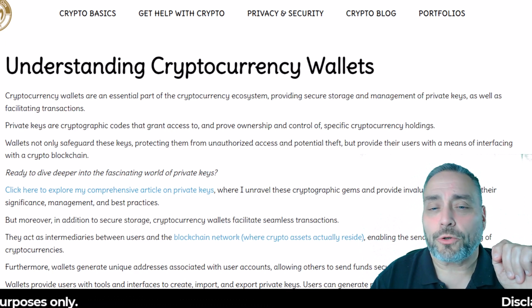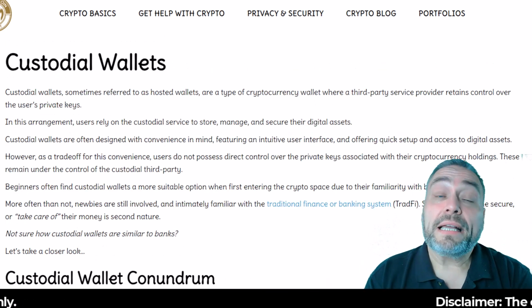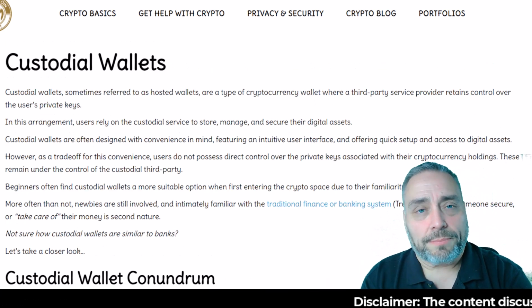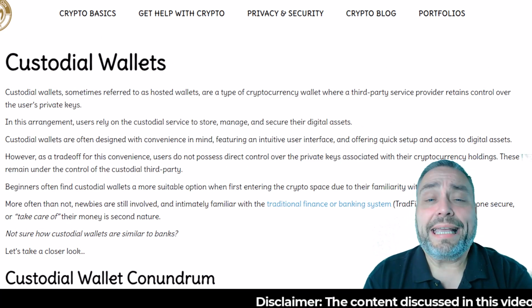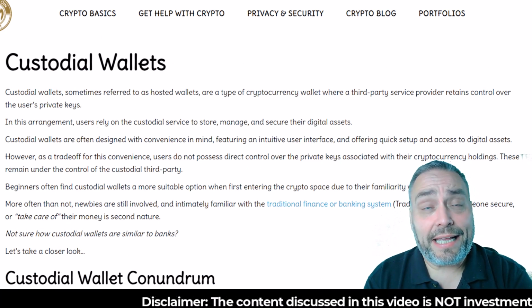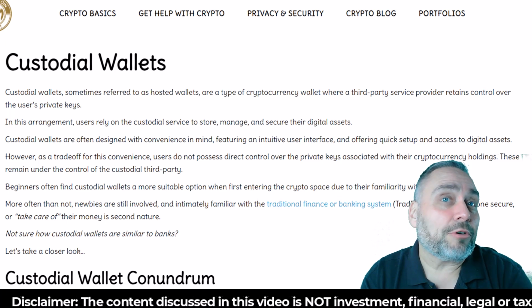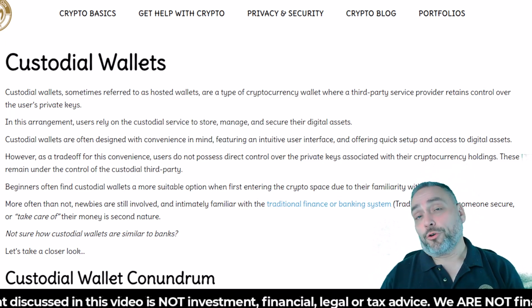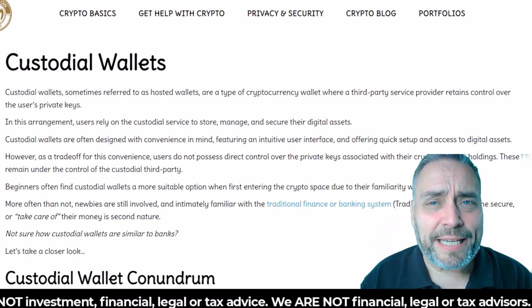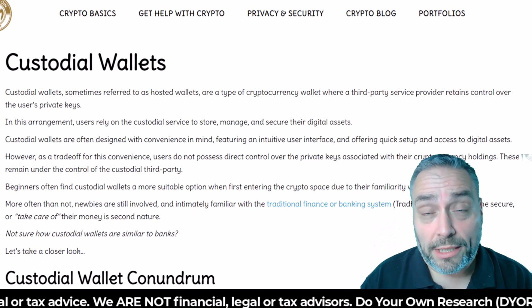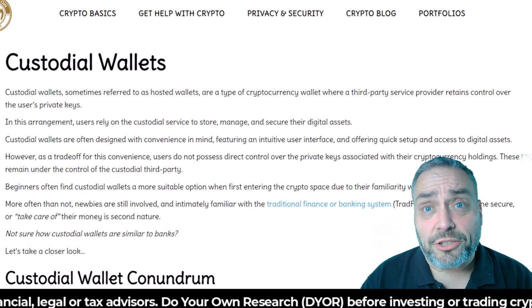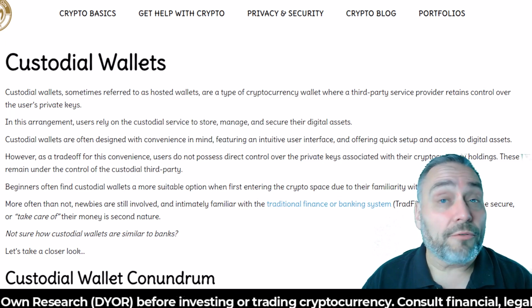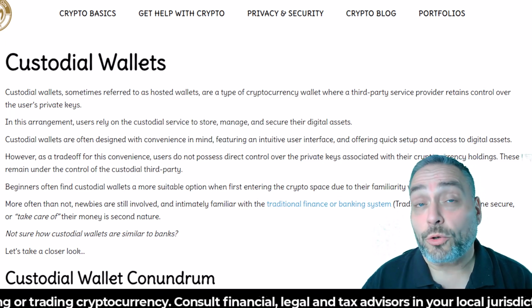Let's take a look at the custodial. As I mentioned a moment ago, a custodial wallet, also sometimes called a hosted wallet, is basically a wallet that is created and controlled by a third-party provider. Generally speaking, it's like an exchange wallet. So the exchange has the control of your private keys, hence custodial wallet.